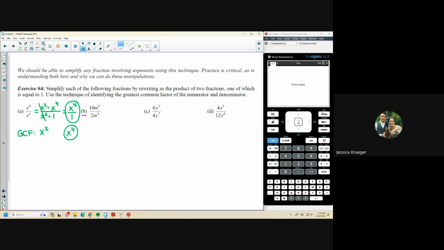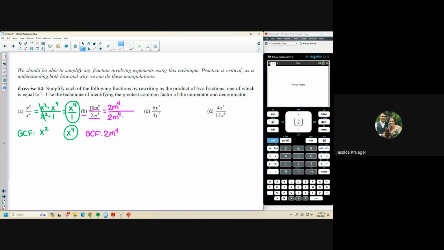What can I divide a 10 and a 2 by? I think the only thing that goes evenly into both of those is a 2. There's 9 m's in the top and 4 m's in the bottom. So how many do they have in common? Just 4. So I'm going to rewrite this as 2m to the fourth times something over 2m to the fourth times something.